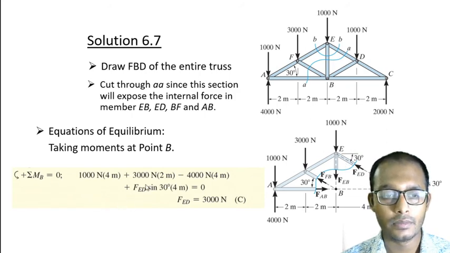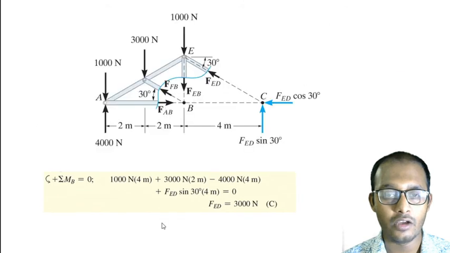By applying the moment at point B, I think if you just go through it, you will understand how it is applied. Let me explain a little bit. At point B, these three forces will be 0. So what are the other forces we have? We have 1000 kilonewton, and the distance from here is 2 plus 2, that is 4.